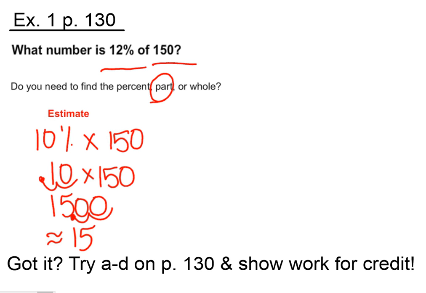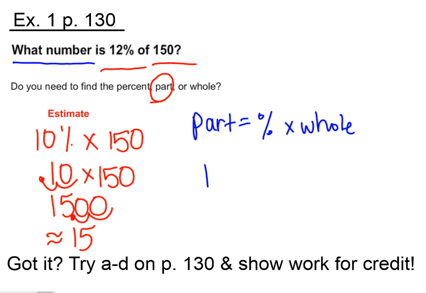And so I know part equals the percent times the whole. So what number is our part? So I'm going to call that P. Is the equal sign. And 12%, I'm going to change from a percent into a decimal by moving it 2 places to the left.